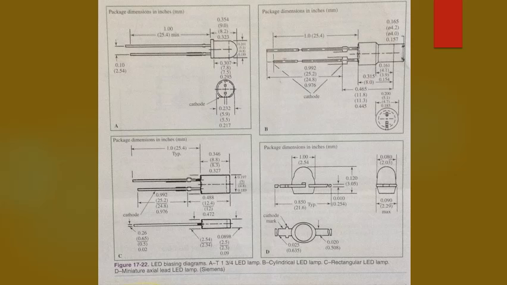An example of this: 1 amp at 50 PIV for a 1N4001 silicon rectifier. This means that a 1N4001 silicon rectifier can withstand a maximum applied reverse voltage of 50 volts.